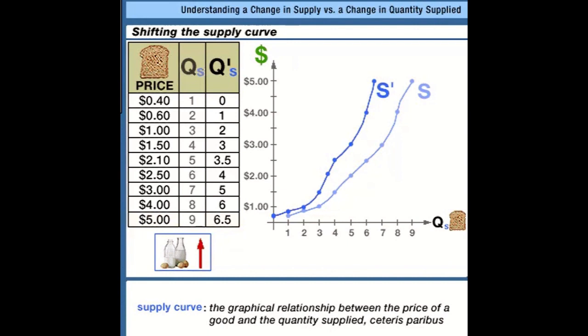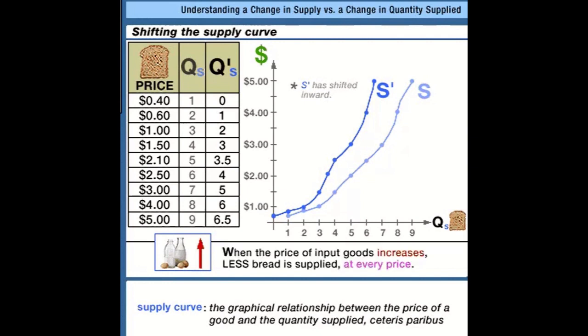It's a new relationship between price and quantity for this baker after the price of inputs increases. So the supply curve has shifted inwards. The increase in the price of inputs made bread a less profitable business and resulted in our supplier offering a smaller quantity of bread for sale at every price.